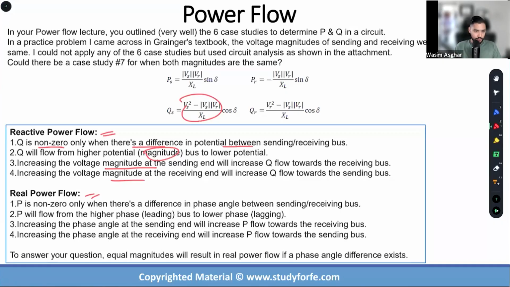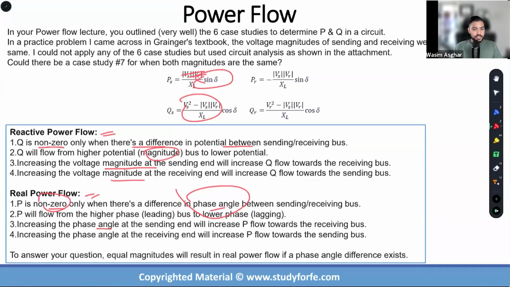What about real power? Real power is non-zero only when there's a difference in the phase angle. Obviously, you can say that, okay, Wasim, I'm going to make sure that the voltage magnitudes are 0 as well, so your explanation goes out of the window, right? Well, for non-zero magnitudes, real power is dependent primarily on the phase angle. It's a sine of the phase angle, right?